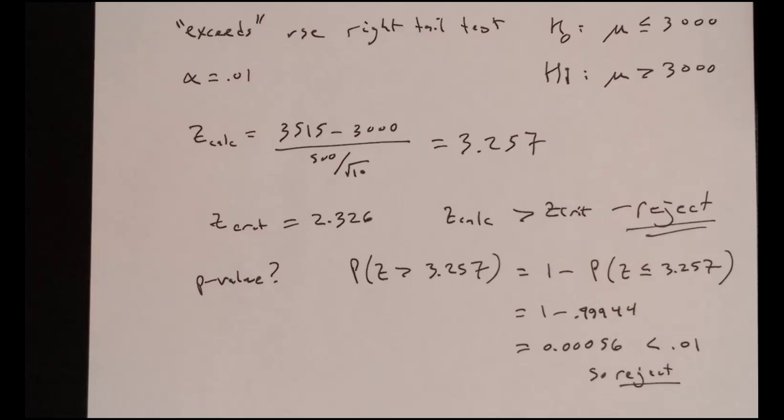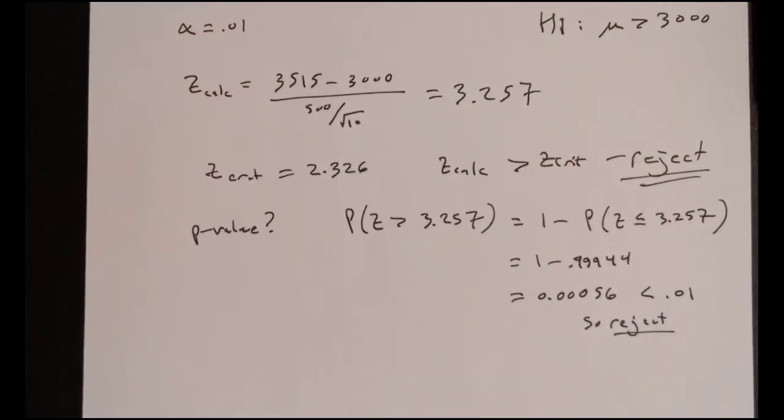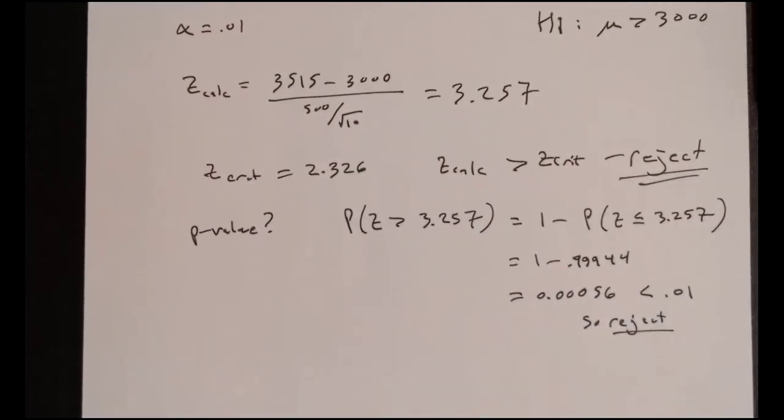What if it turns out that the new average is not that much bigger than the old one? Would we spend all the money to switch to the new bulbs? No. But here, the new average appears to be substantially larger than the old one. So that's a measure of practical significance.